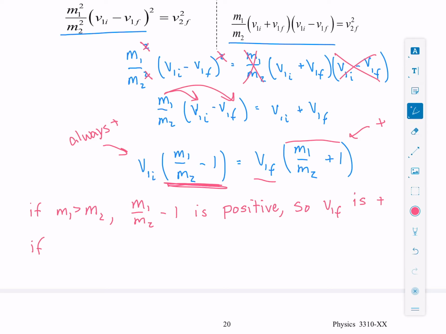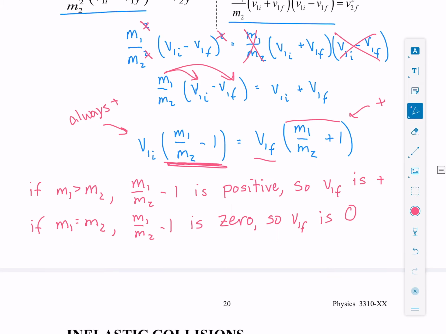Whereas if M1 equals M2, then M1 over M2 minus 1 is what? That would be 0. So V1F is 0, so it will stop. And then if M1 is less than M2, we have that M1 over M2 minus 1 will be negative. So V1F is negative, which means M1 will rebound.